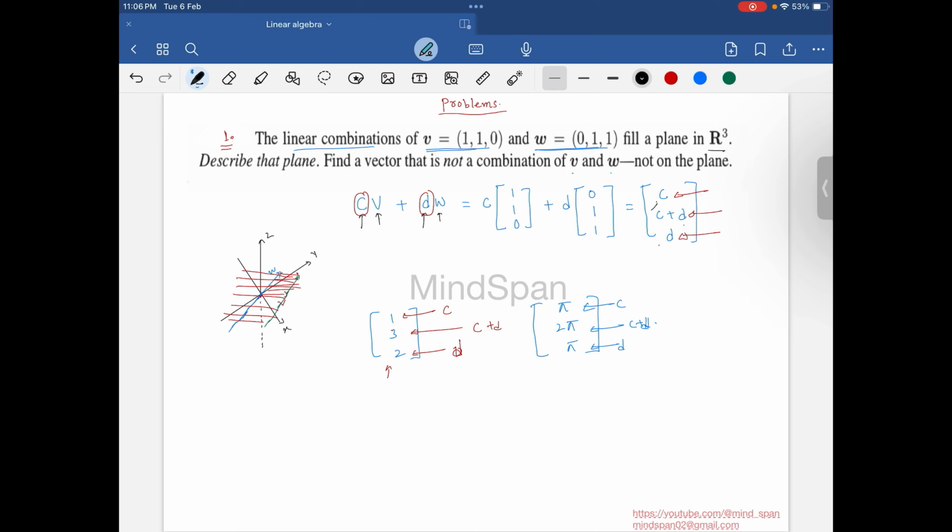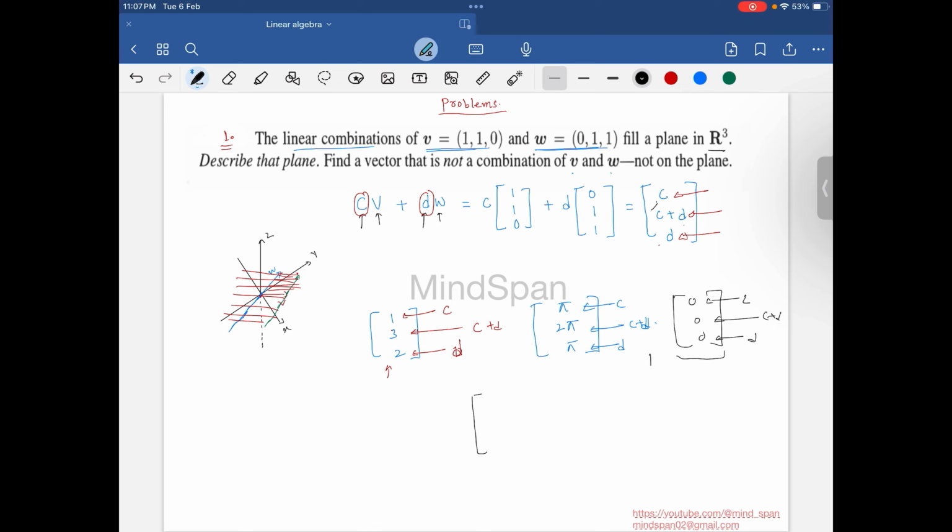Also, 0 0 0 belongs to this plane where we take the linear combination of v and w, because if c and d are 0, the sum c plus d is also 0. So this vector is also a linear combination of v and w, right?